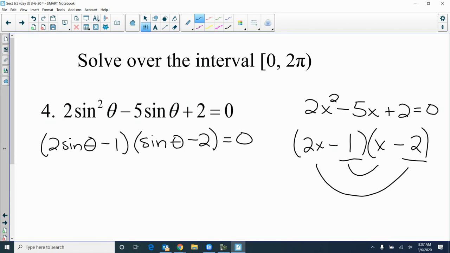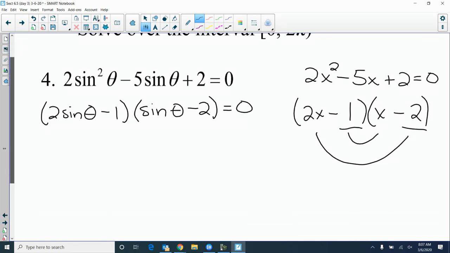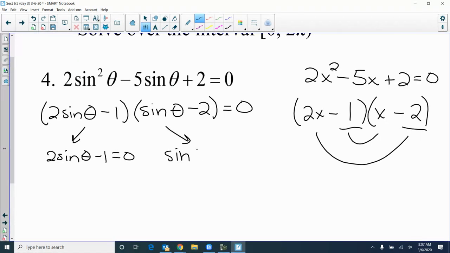And now break those apart. Set each of them equal to 0. So 2 sine of theta minus 1 equals 0, and sine of theta minus 2 equals 0. All right, I get sine theta equals 1/2.